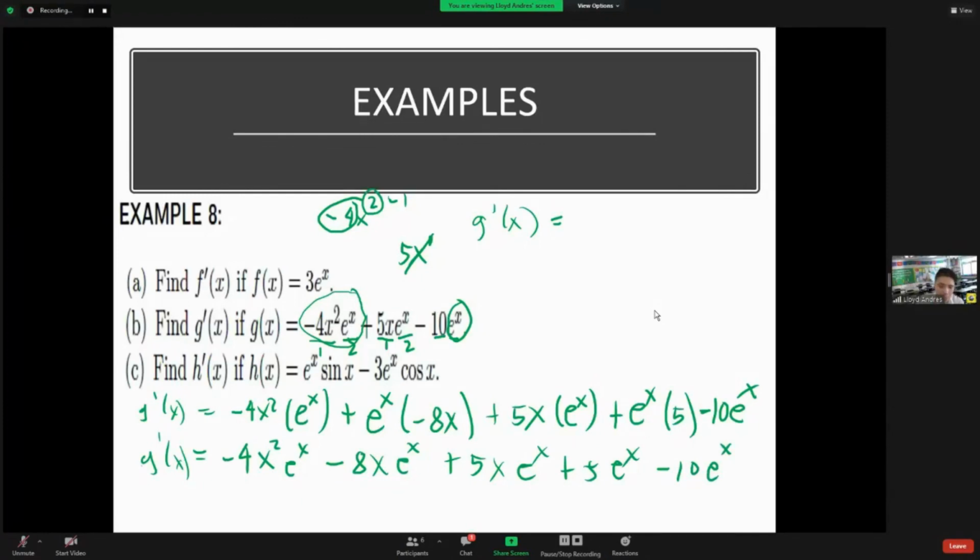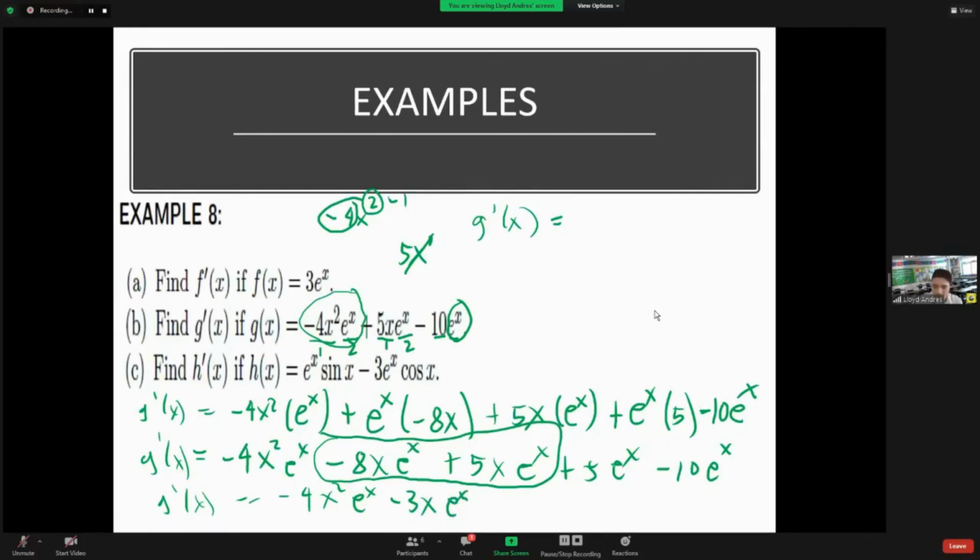Can we simplify this further? Copy 4x squared e raised to x, since it has no like term. But these, negative 8x and 5x, are similar, so we can simplify them. That is negative 3x e raised to x.